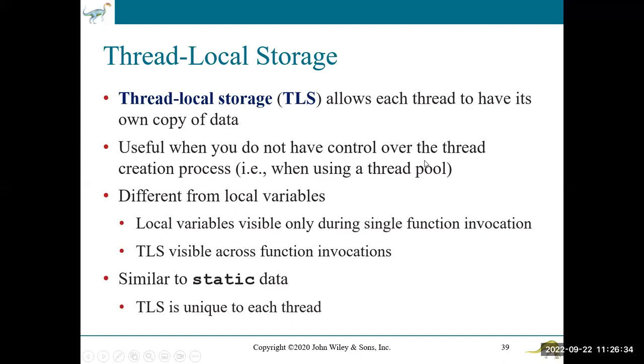So, thread local storage. This gets back to the way that you structure resources for multi-threading situations. If you have thread local storage, it means that you have dedicated copies of the data. And of course, it incurs more overhead. There's more resources. It's useful when you don't have control over the thread creation process, meaning there's a thread pool and it's an on-demand kind of thing.